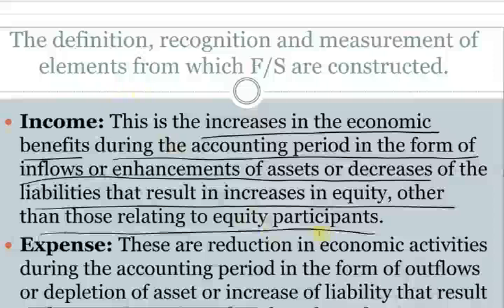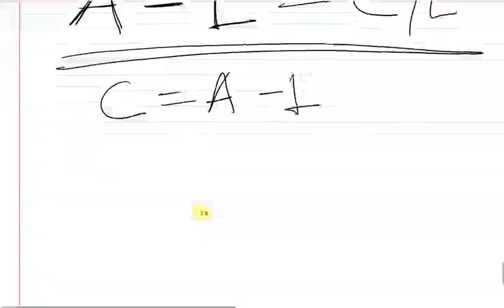So we've been talking about economic benefit, but I haven't explained what economic benefit is. We're saying economic benefit is some benefit that we are going to receive from use of something.